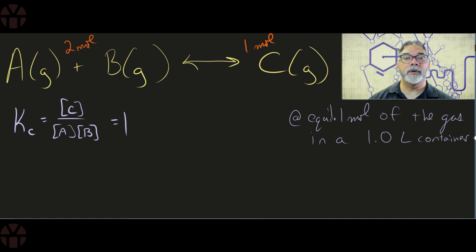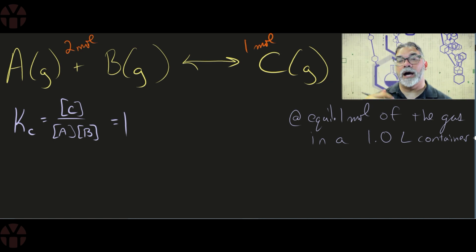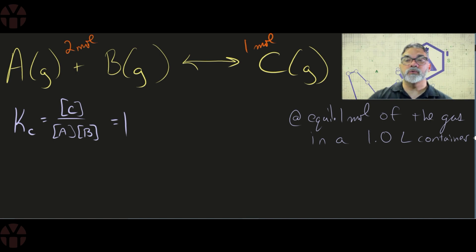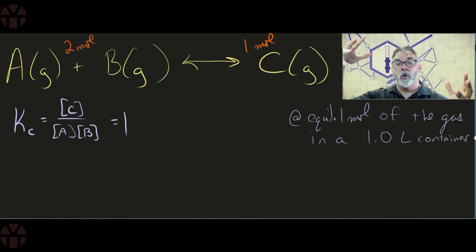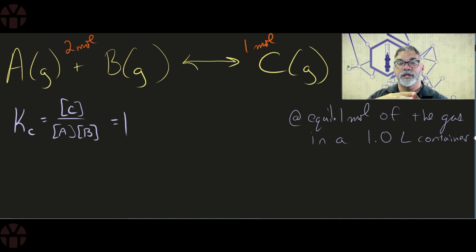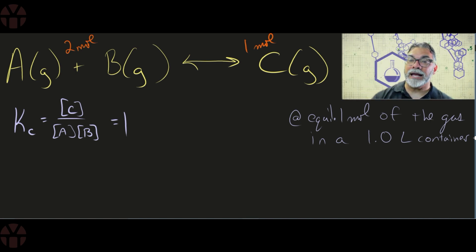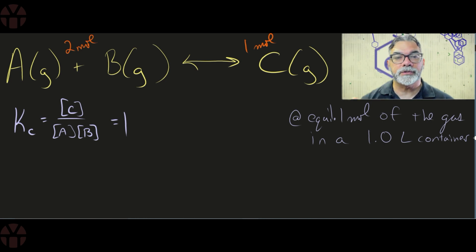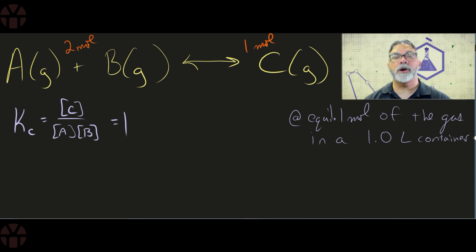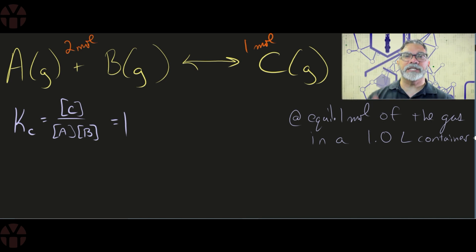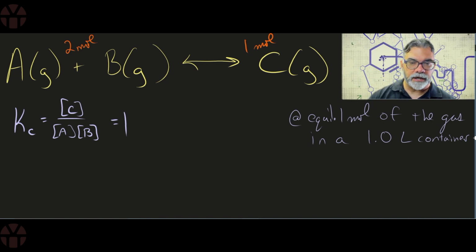We're not going to be altering the amount of gases. What I'm going to do instead is expand or contract the container. And as we learned in our gas laws, when I alter the volume of the container, I will therefore alter the pressure that the gases exert within the container.